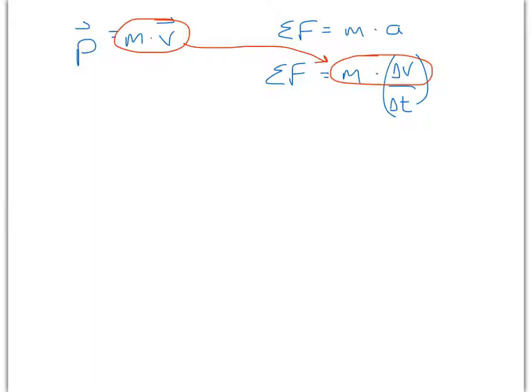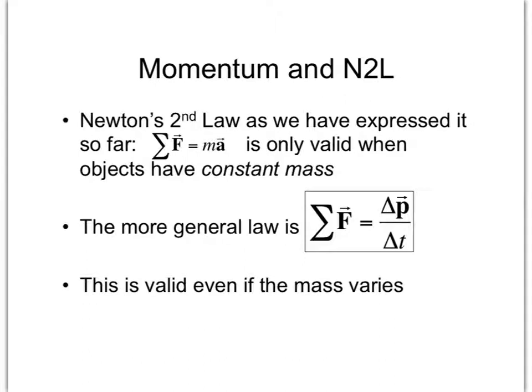That is what that is telling us. So our net force on an object equals some sort of change in momentum over some sort of change in time. And we actually stated that in one of our previous slides. Let me back up even further just a second. There it is right there. Net force is a change in momentum over a change in time.